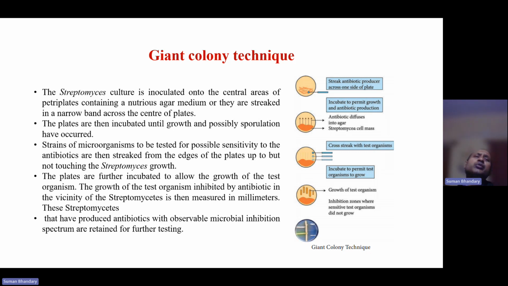The next method is the liquid medium method. This method is generally used for further screening to determine the exact amount of antibiotic produced by microorganisms like Streptomyces, as we discussed earlier in the giant colony technique.